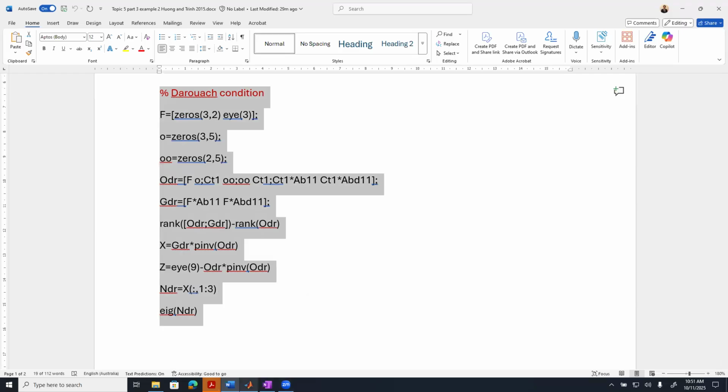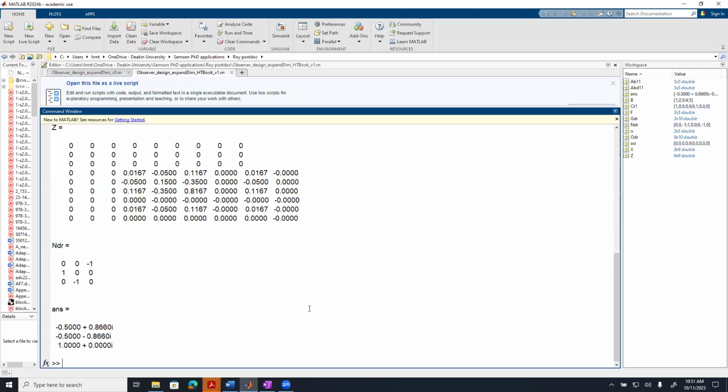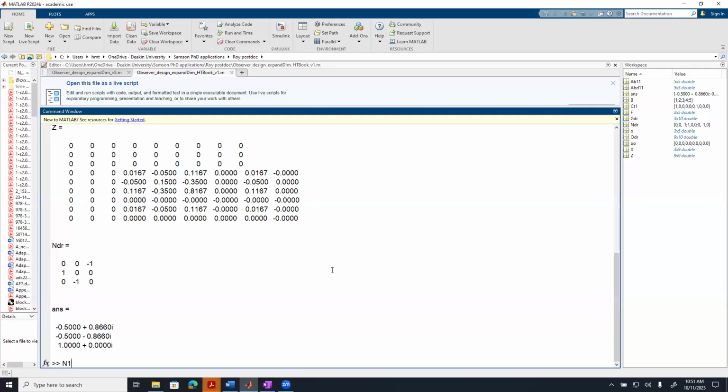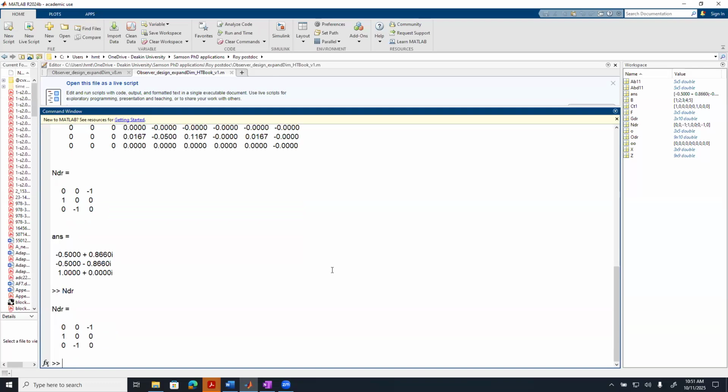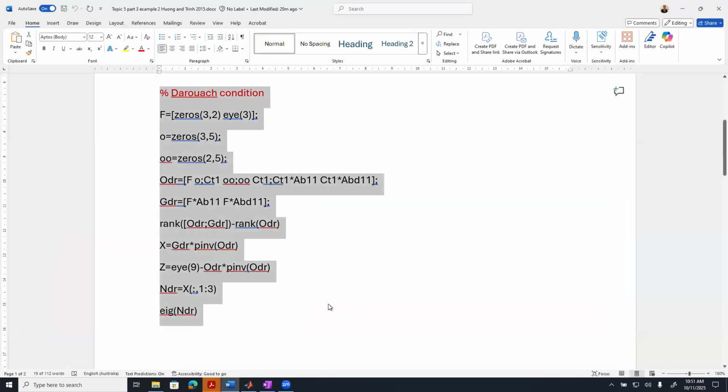If we apply this method, we find that the matrix N1 itself, or the reduced order observer, which is a third order observer, resulted in an unstable observer with a pole equal to 1 in there. So that's not possible.